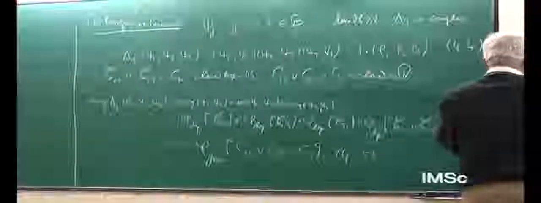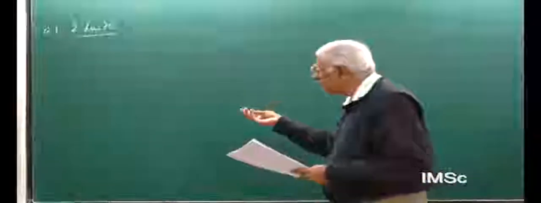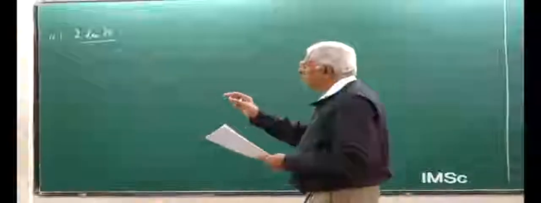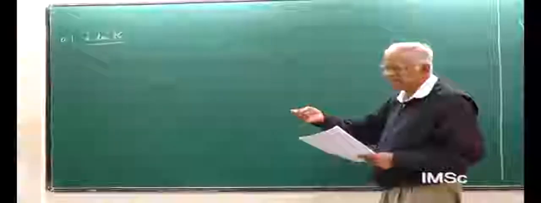So the first example which I want to describe involves a two-dimensional Hilbert space. Now, we have already seen a two-dimensional situation in one context. As part of Berry's work, the behavior of geometric phases close to a double degeneracy.